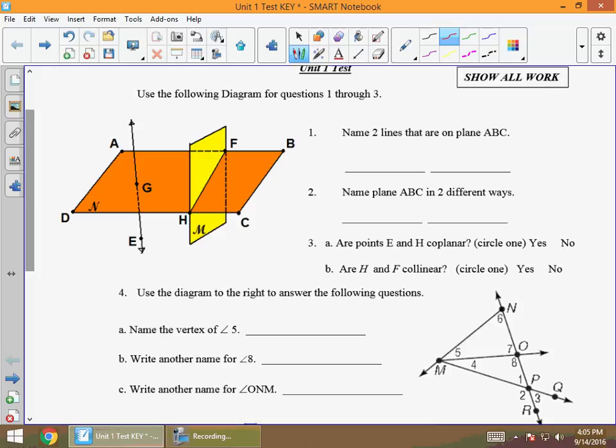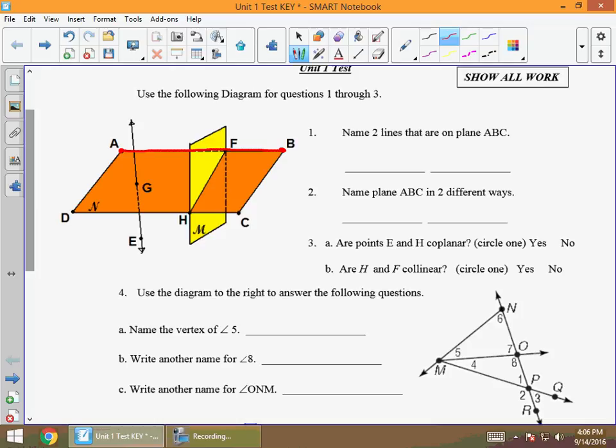So yes, as I look at segment AB, let me highlight segment AB here. As I look at segment AB, yes, it is a segment, but that plane is actually extending forever and ever and ever in both of those directions.